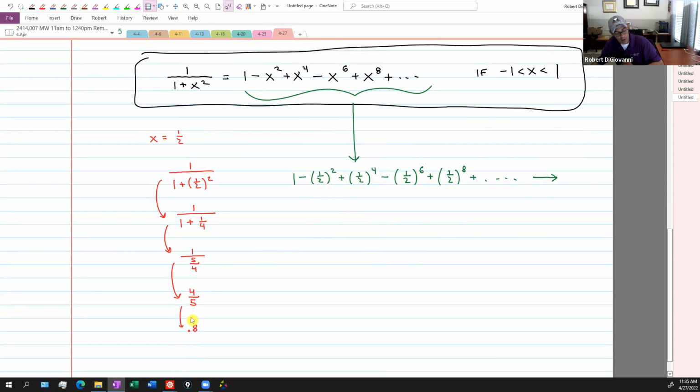Oh, 0.8, sorry. So it should get closer to 0.8. So I'm going to do this on my calculator. I'm going to actually add just these first ones up. So I'm going to do 1, subtract 1/4, add 1/16, subtract 1/2 to the 6th, add 1/2 to the 8th.